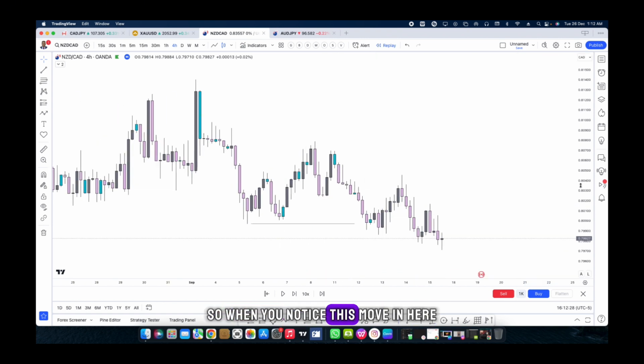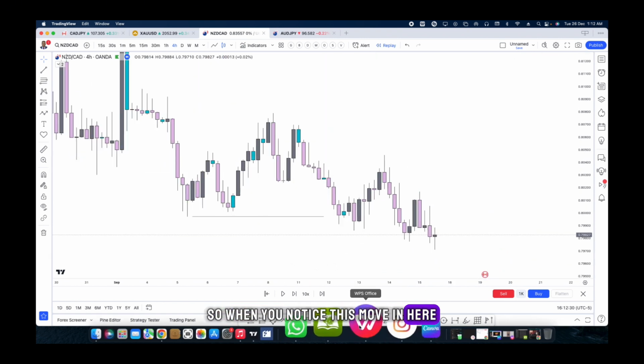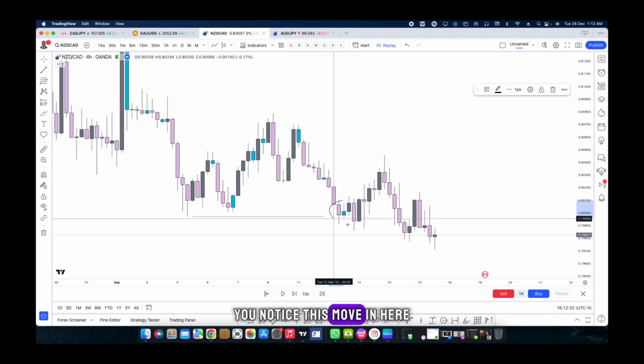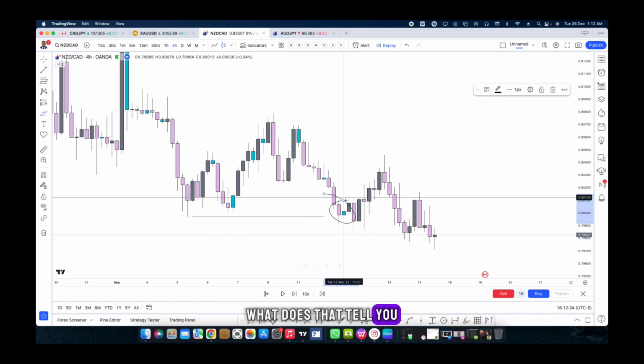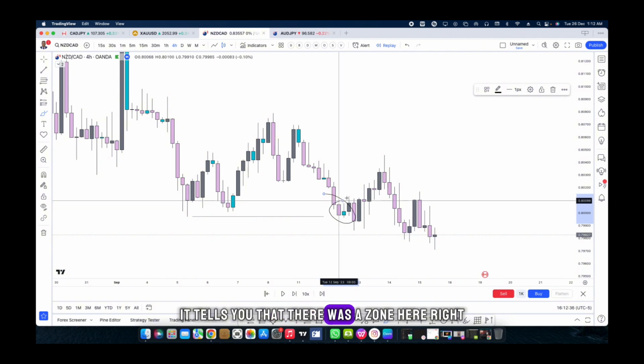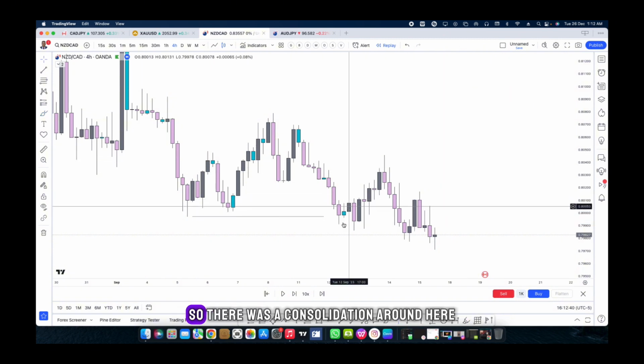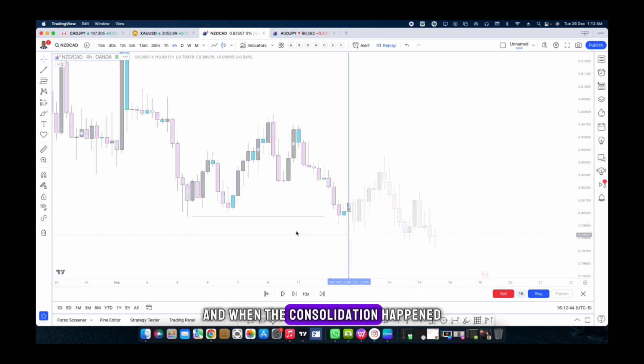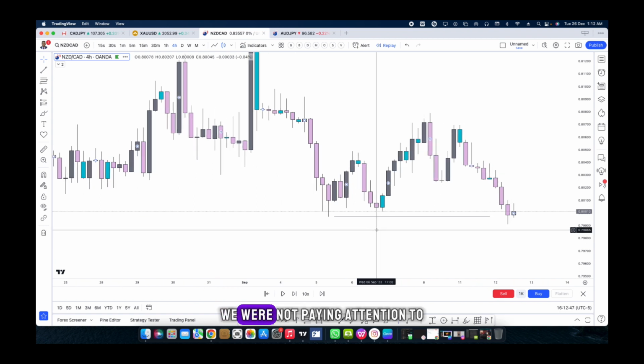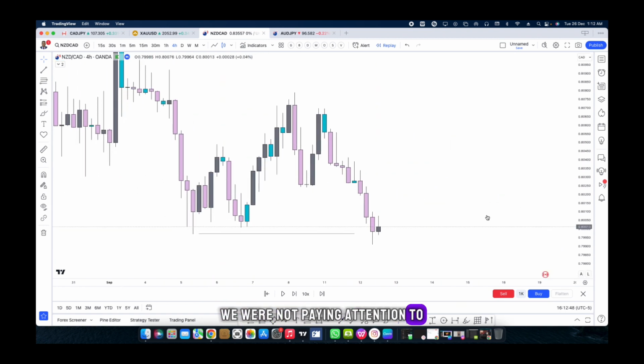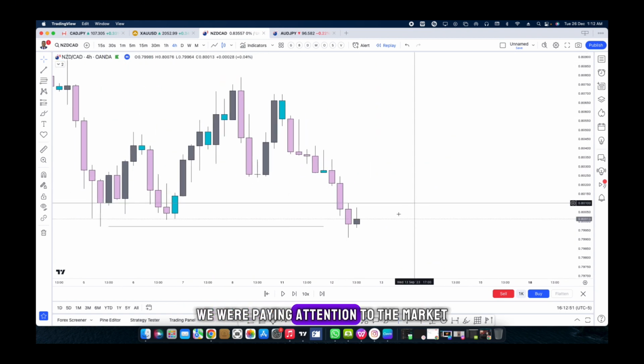Now, this is how we use an inside bar. When you notice this move in here, what does that tell you? It tells you that there was a zone here, right? So there was a consolidation around here. And when the consolidation happened, we were paying attention to the market.